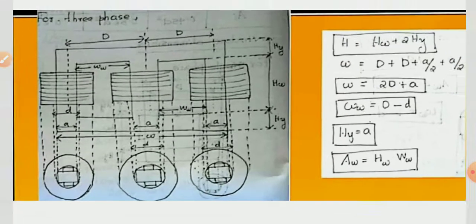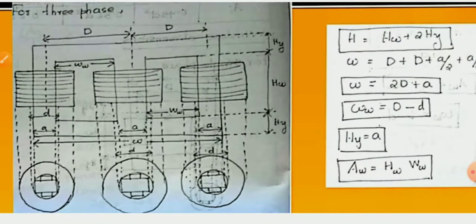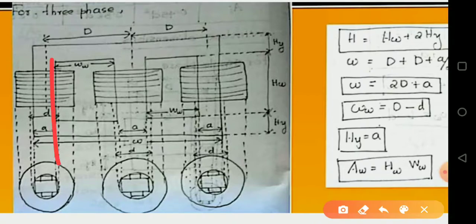Now in case of a three phase transformer, here we have 3 coils. In case of this 3 phase, the only difference is there is one extra leg. We can see here one extra leg as compared to the one phase transformer.